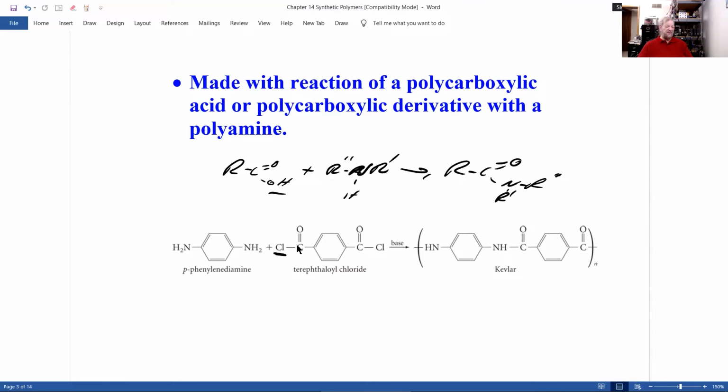Now, a special type of nylon is when you react this diamine with this carboxylic acid derivative, diacid chloride, you make this polymer, and it's a polyamide. Here's my amide.